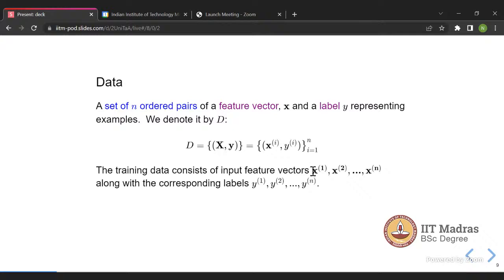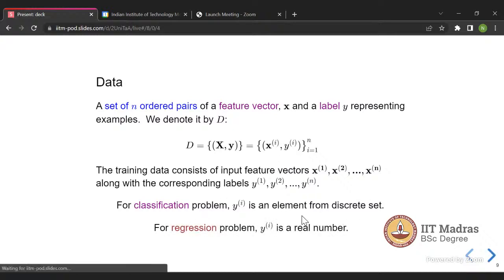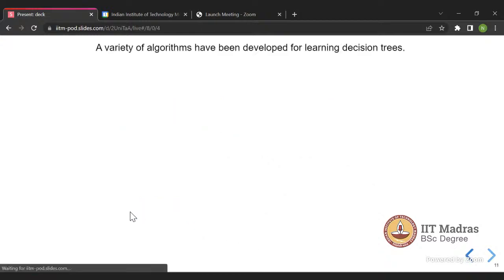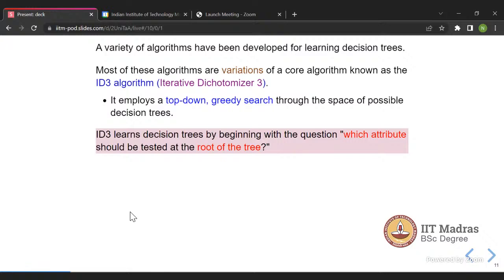We have n such examples, so X will be a matrix of size n by m, and the associated labels will be y1, y2, up to yn. So this is how our data looks. And y here, in a classification problem, will be discrete values, and in regression it will be a real number. So let's move to ID3.